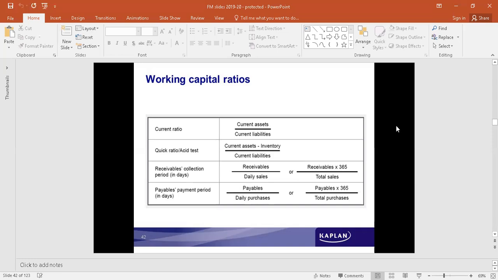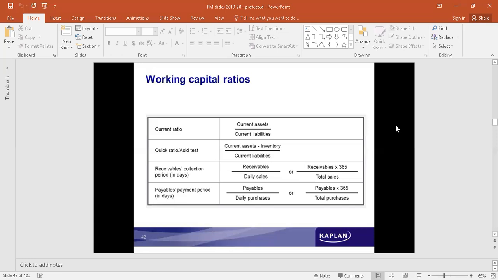It is an assumption made. If the question specifically says that a year has 360 days, you have to stick to 360 days only. So the formula is receivables into 365 divided by total sales. This is the formula that has to be used.